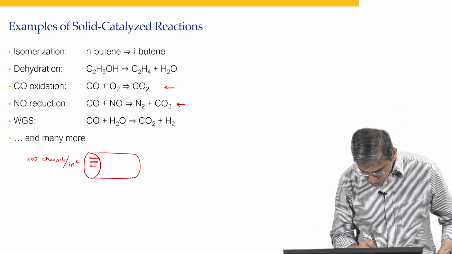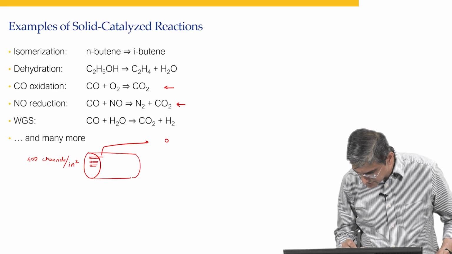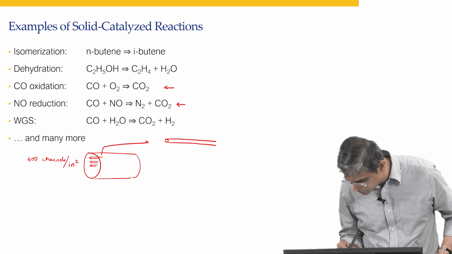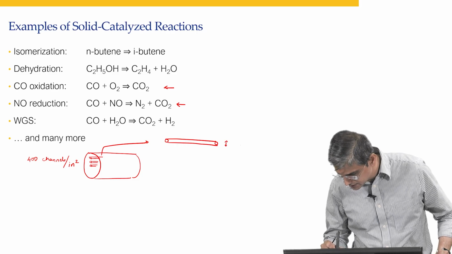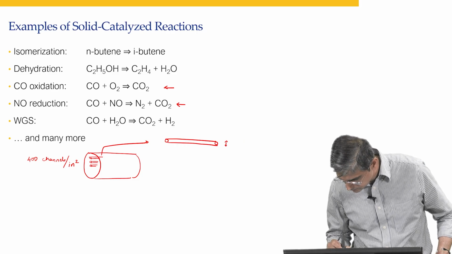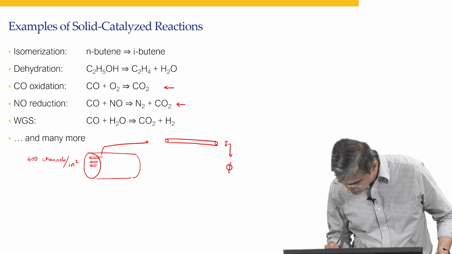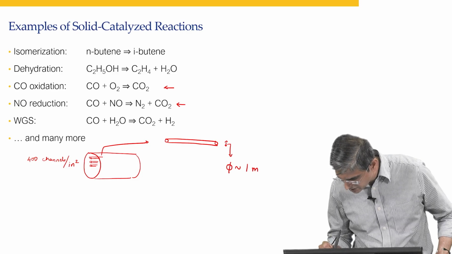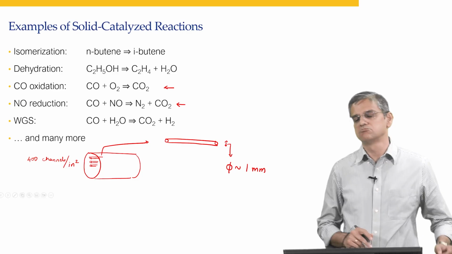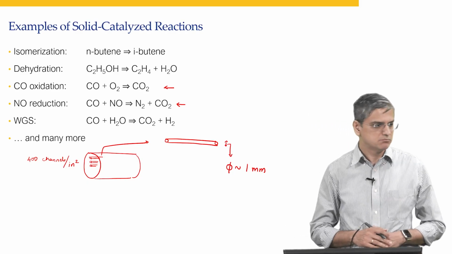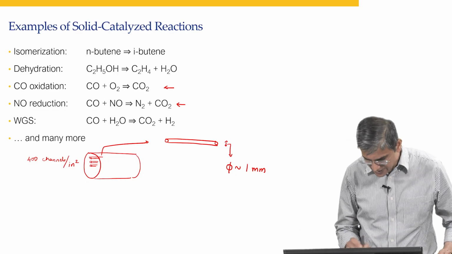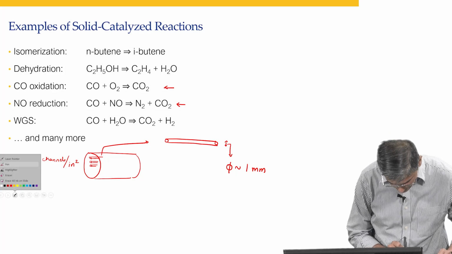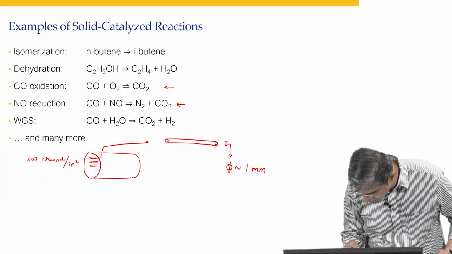Each channel is going to look like a tube. The tube diameter is of the order of 1 mm. It is 700 microns to 1 mm, so that is 0.7 to 1 mm diameter. The catalyst is coated on the inner walls.